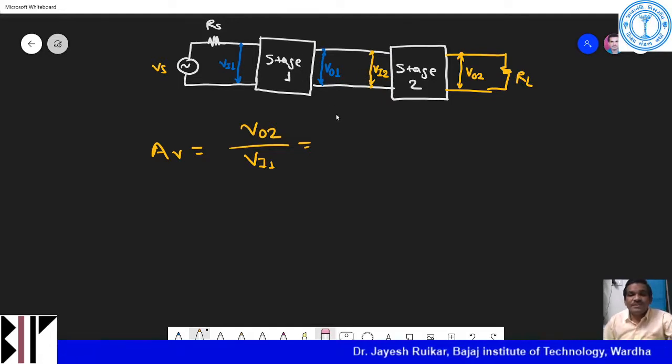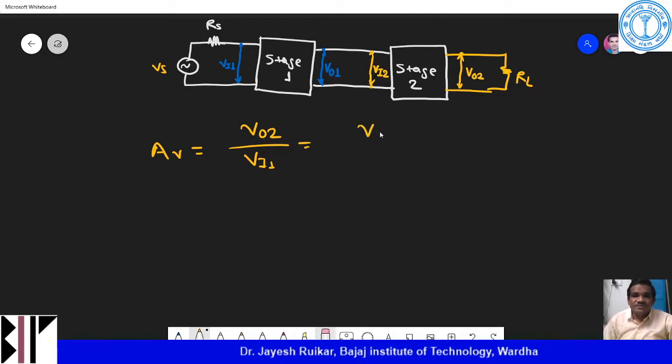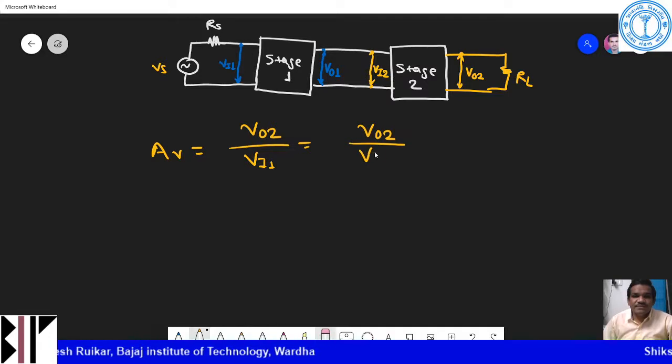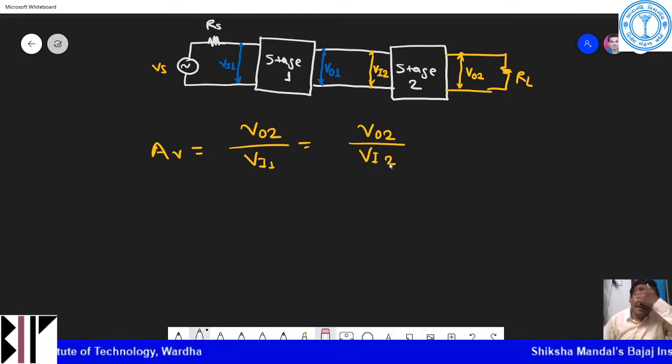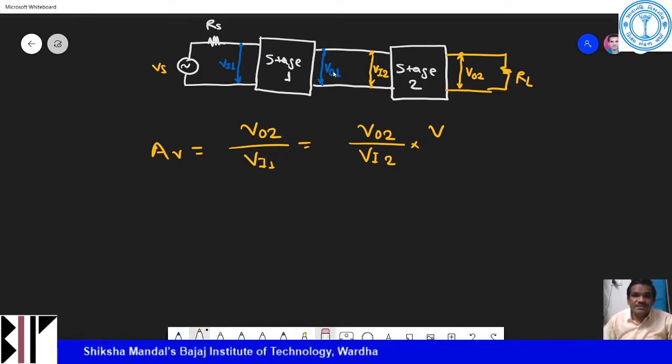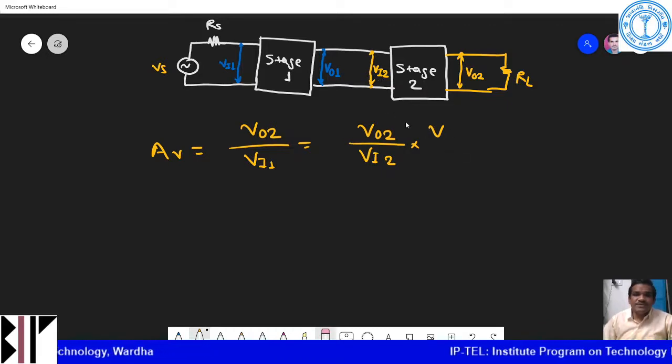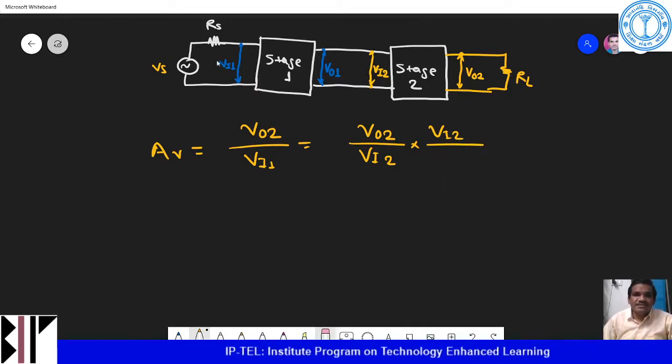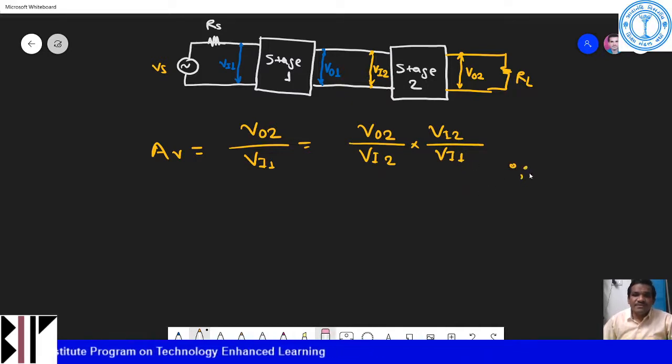I will define the voltage gain of the second stage first, as VO2 divided by Vi2, and then multiplied by the first stage gain, which is Vi2 divided by Vi1.